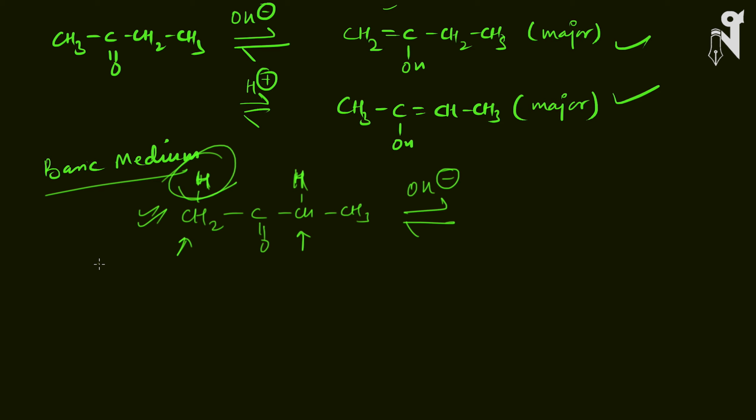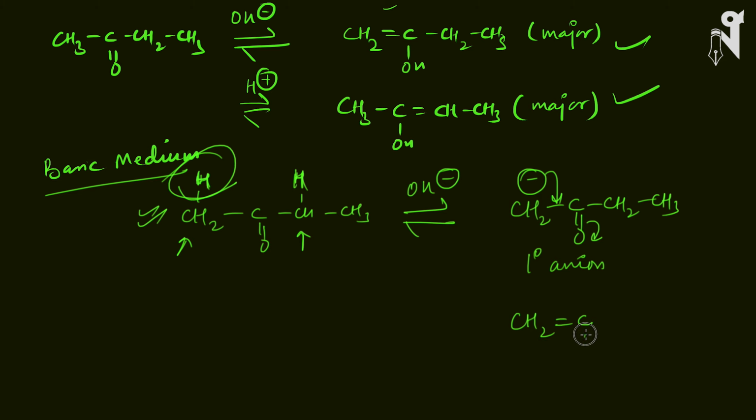The product formed will be CH2 minus, C double bond O, CH2 and CH3. This is my primary anion, and it will shift the negative charge over here, so this becomes CH2 double bond C, single bond O minus, and CH2, CH3.